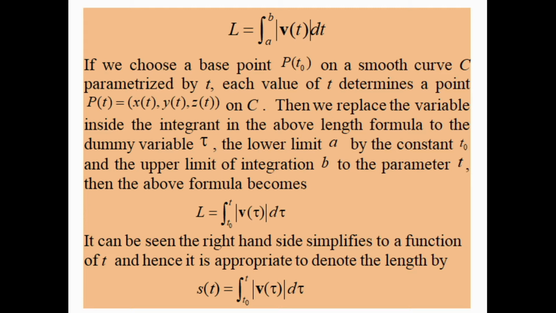Then the formula becomes L is equal to integral t naught to t absolute value of v of tau d tau. The right hand side simplifies to a function of t, and hence it is appropriate to denote the length by s of t is equal to integral t naught to t absolute value of v of tau d tau.